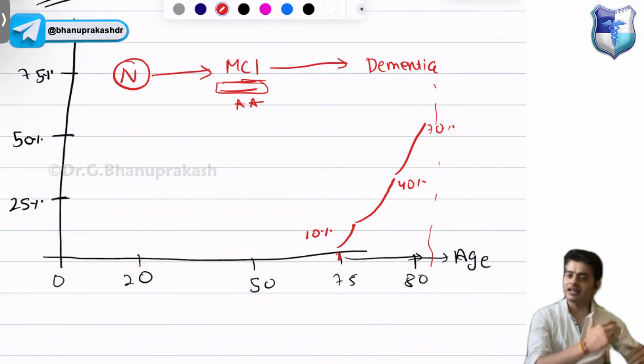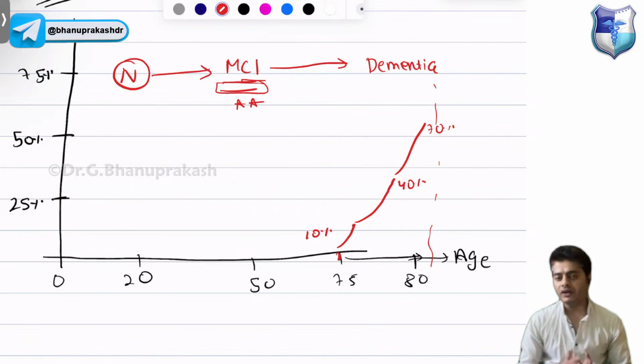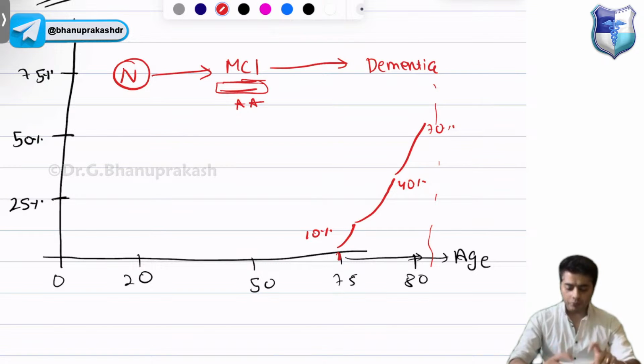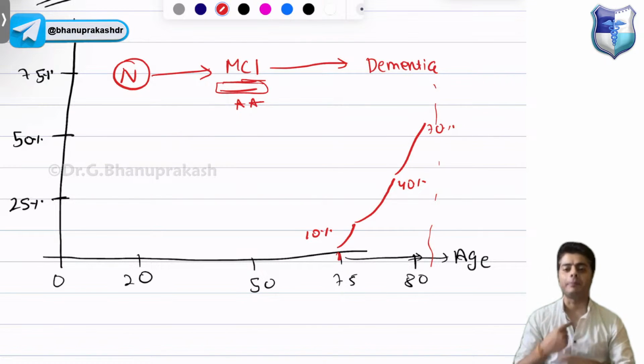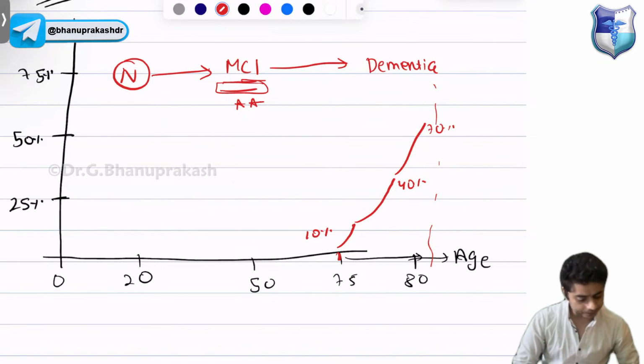And when you are above your 60s, 70s, 80s, this loss of cognitive function increases rapidly. That's why in foreign countries there are many dementia nursing care centers in which they keep tracking and caring for these patients of dementia.